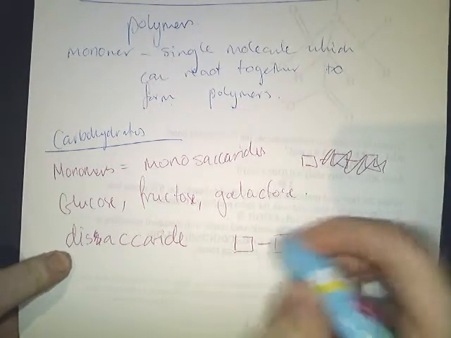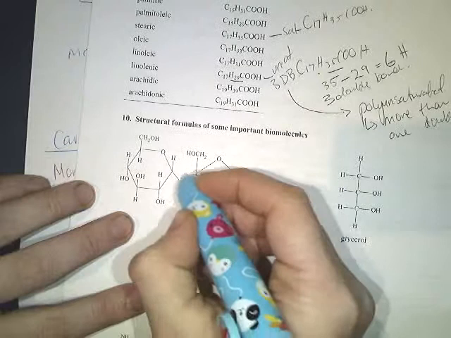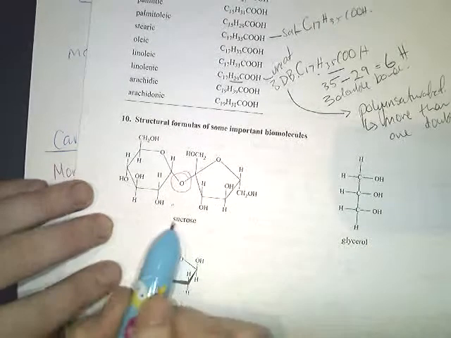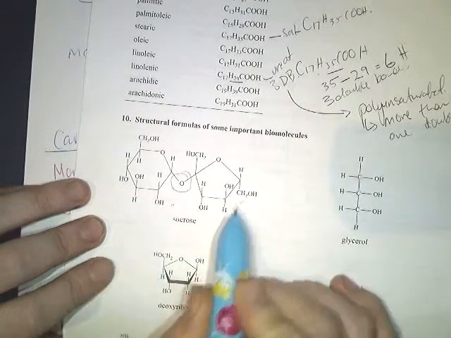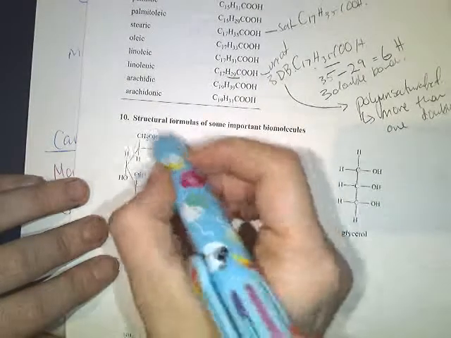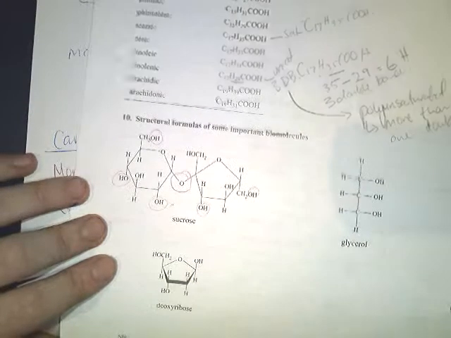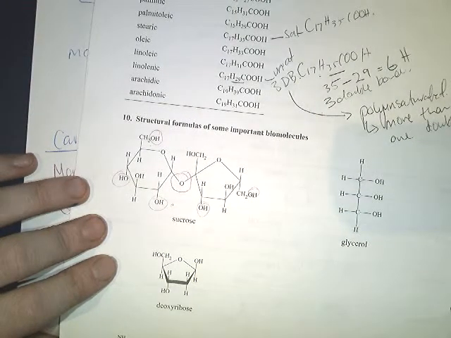Okay, so here we've got sucrose. Now you need to know that sucrose has an ether linkage here and it's made up of glucose and fructose. You need to know that a lot of the functional groups make it very polar. It has a lot of OHs which can all undergo hydrogen bonding, making it very polar and very soluble in water.